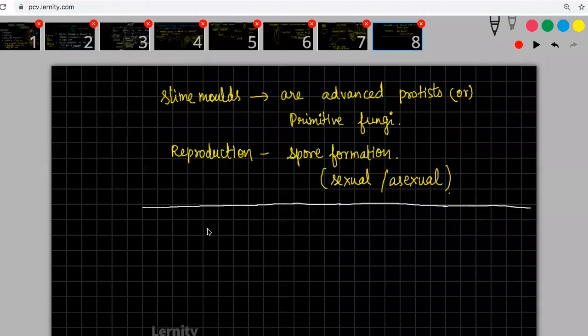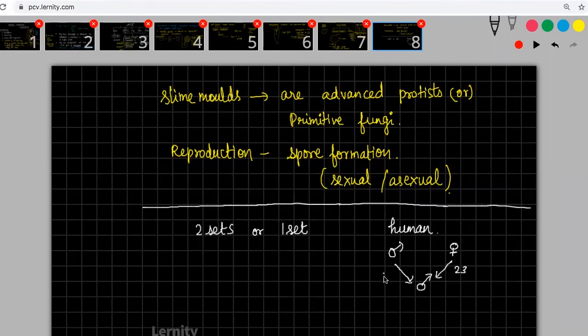Whenever you're talking about an organism, it can have two sets of chromosomes or one set of chromosomes. Let us talk about a human being. I am an individual who is a male. I have received my chromosomes from my father and from my mother. My mother has given me 23 chromosomes and my father has given me 23 chromosomes. So I have 46 chromosomes, or 23 pairs.